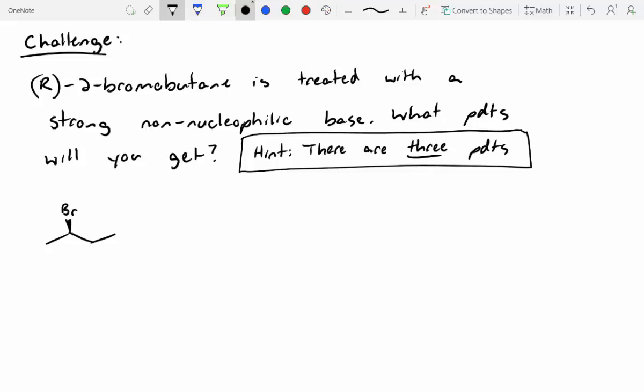If you're having trouble with stereochemistry still, please come talk to me or go to the WTC so we can get this taken care of, because you need to know it for chapter 7 and 8.